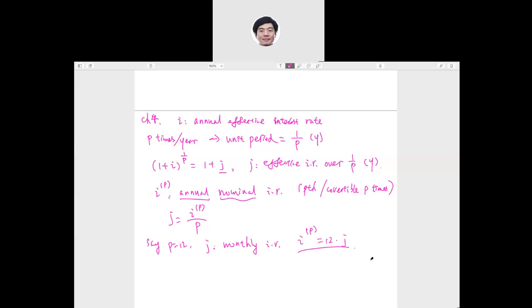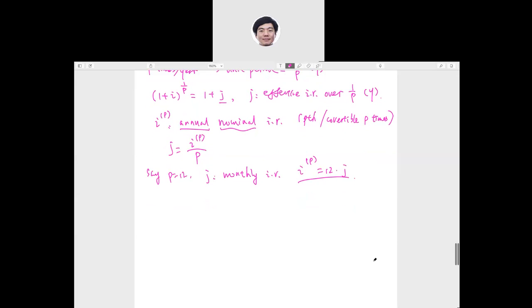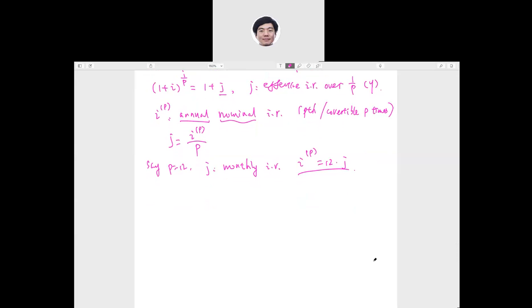That is for the interest rate, and then we also need to discuss the discount rate, right? For the same timeline, 1 minus d is actually v.